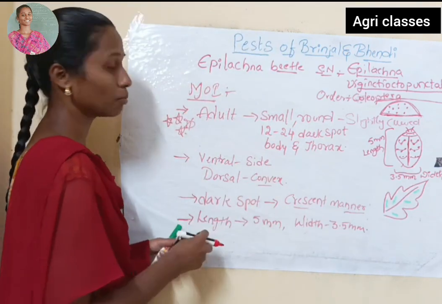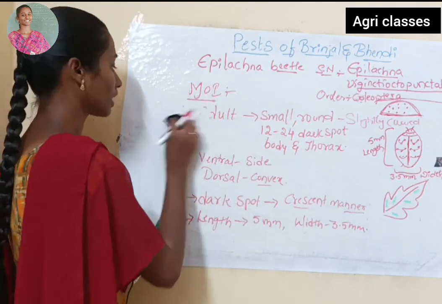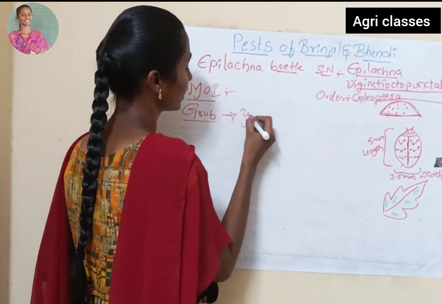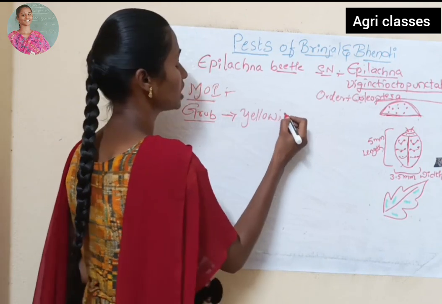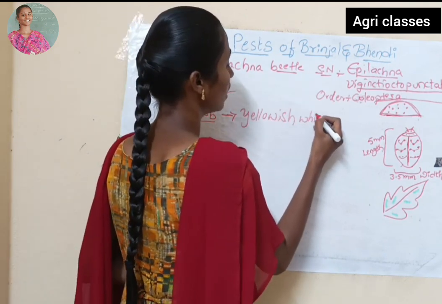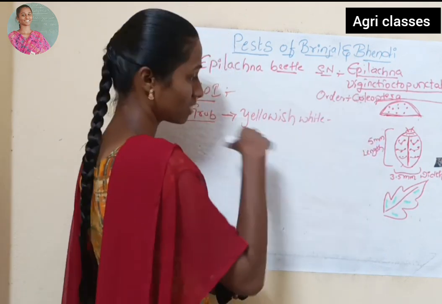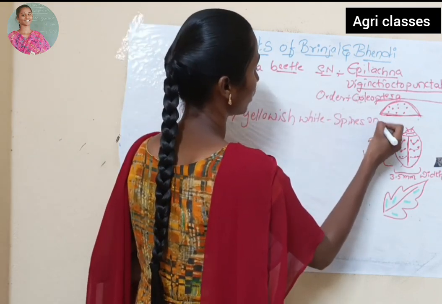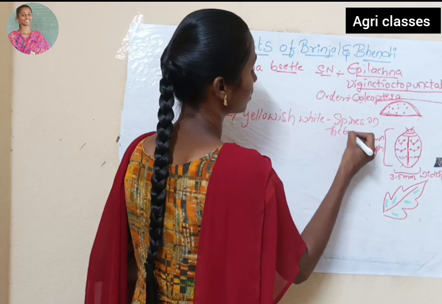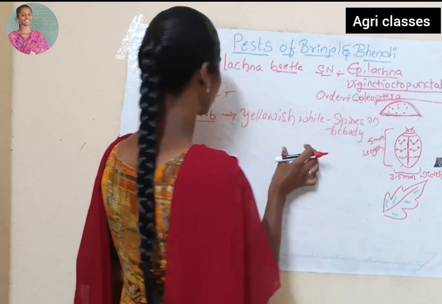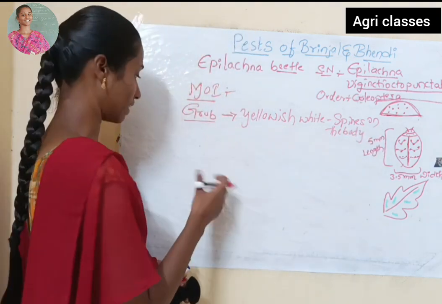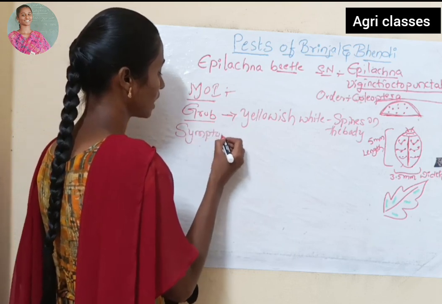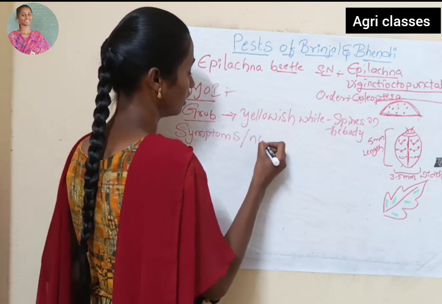Then I will discuss about larva or grub. Grub is yellowish white color and having spines on the body. So this is the identification of the grub and adult. Then symptoms of damage. Symptoms and nature of the damage.